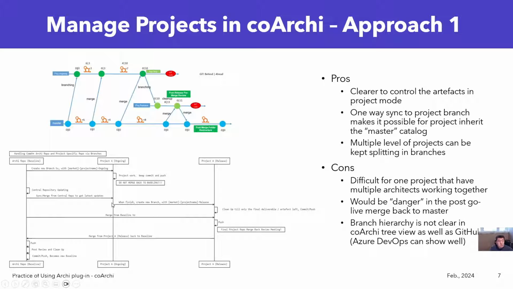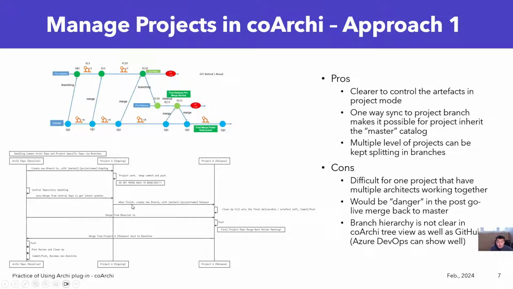But we try to manage. If the project architect wants that way of working, just keep working on this ongoing branch without interference from bidirectional merging. And then once this project is go live, we may create our release branch.